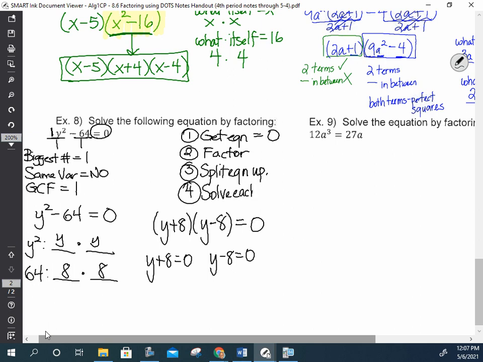Step 4, solve each equation. Subtract 8, y equals negative 8. Add 8. Positive. That's it. Problem's over.